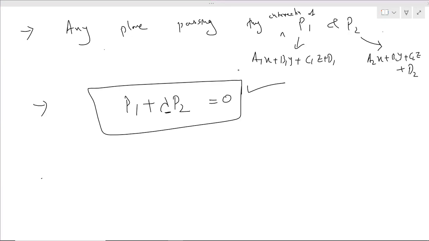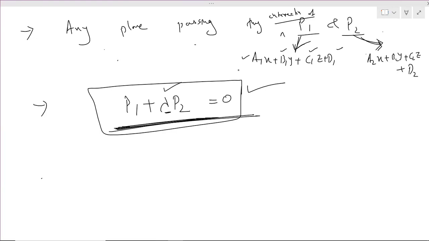See, if they ask any plane which is passing through the intersection of two planes P1 and P2, so they have given the planes P1 and P2. We have to find a third plane. So always assume the third plane as this. This is the equation of our third plane. We already know A1, B1, C1, D1, A2, B2, C2, D2. The only variable here is lambda.